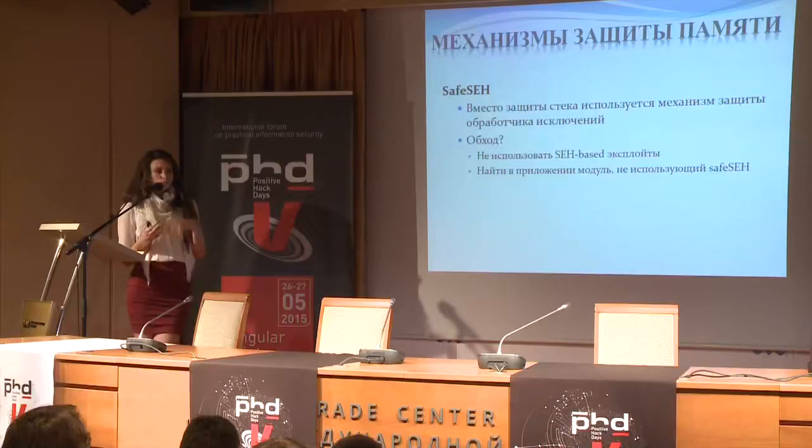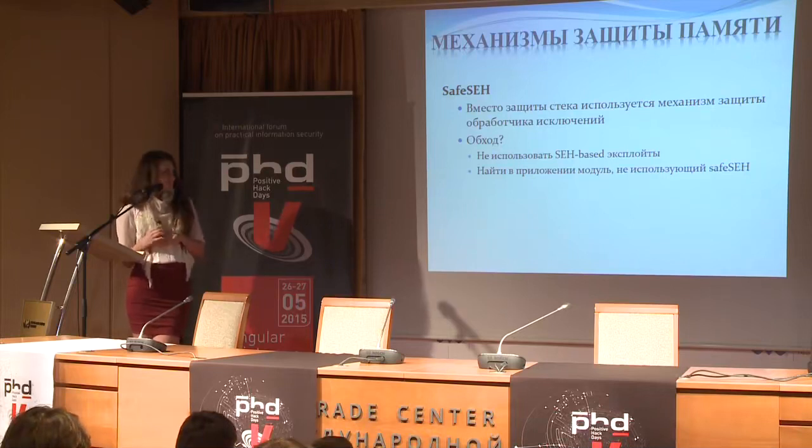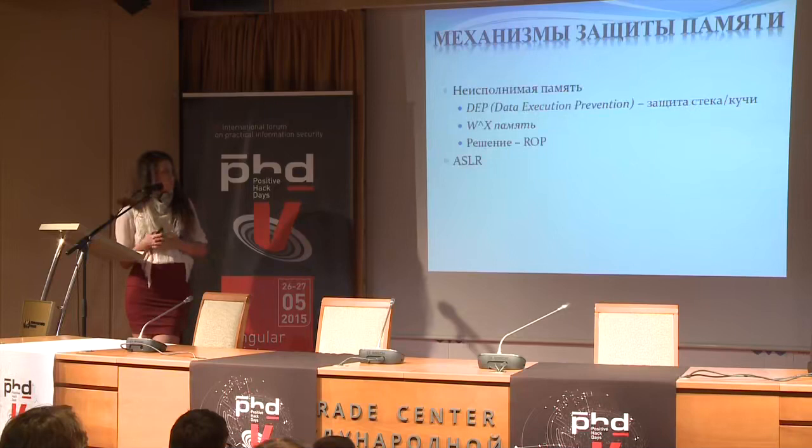There are methods of protection which allow us to discover those things. Instead of stack protection, we try to protect the exception executor. So what is the way around? Not to use SEH-based exploits which rewrite those exceptions, but to find a module in the application that was compiled without the SafeSEH flag, and then it's going to be executed.